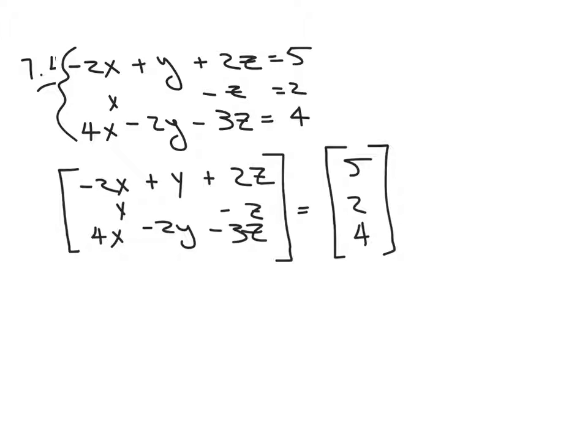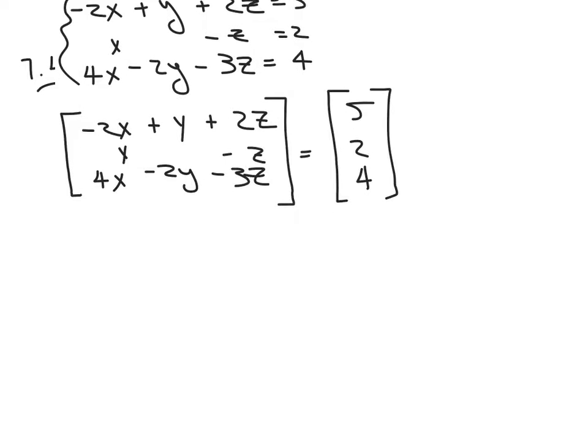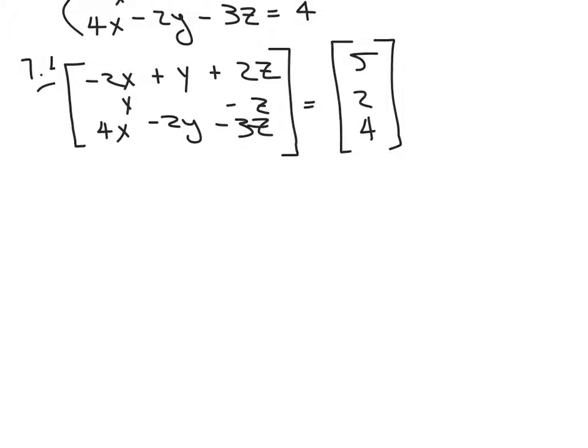Now, you're going to be skipping this step later, but I wanted to put it in here just so you could get an idea of what we're doing. What we're going to do is get rid of the letters completely in our first matrix. So we're going to put -2, 1, 4, 1, 0, -2, 2, -1, -3.